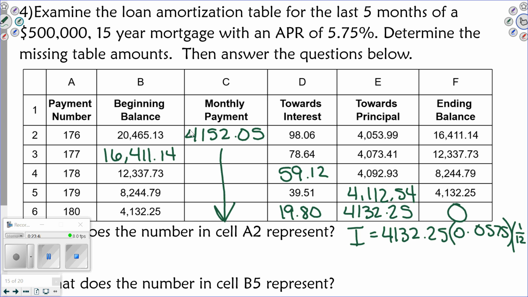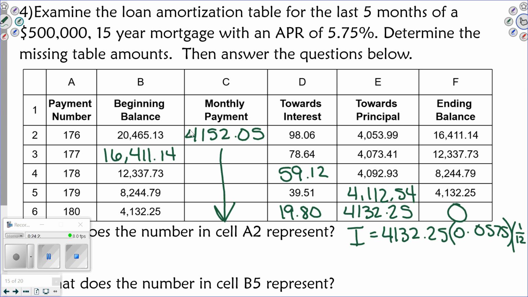The monthly payment's the same? No, it's not a consistent change. Good question, though. The monthly payment was $41.52. Subtract off the $19.80. And I'm left with $41.32.25.